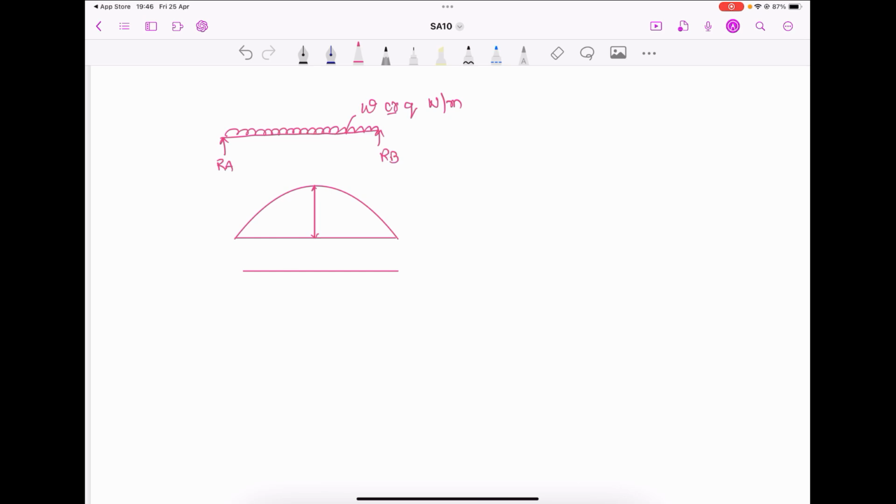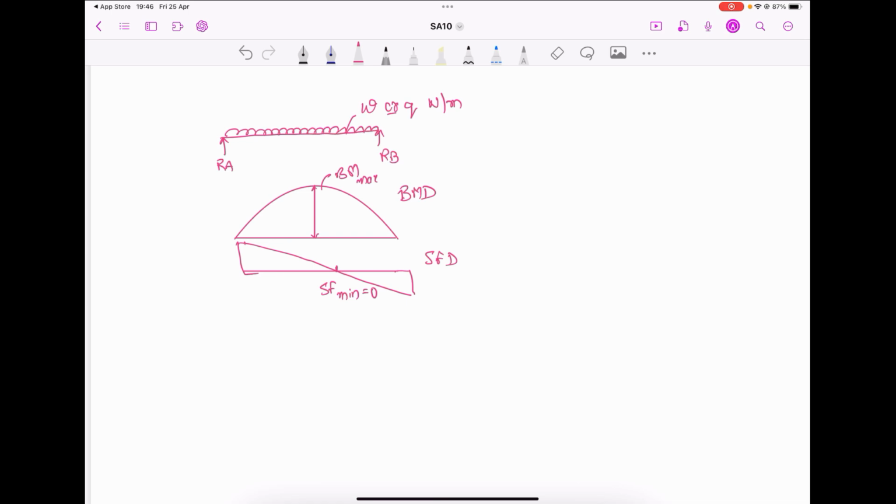This is the shear force diagram, and this is BMD. This is SFD, shear force diagram. Wherever the value of bending moment is maximum, BM maximum, shear force will be minimum or 0.